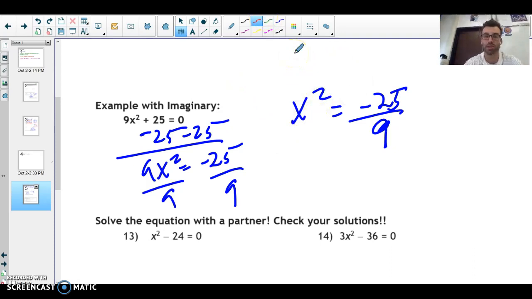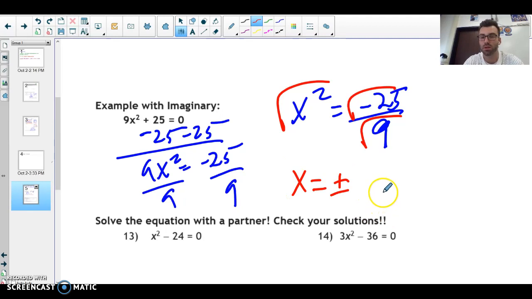Next step, we isolated our square term. Next thing we want to do is take the square root. So x equals plus or minus. The square root of 25 is 5. The square root of 9 is 3. The square root of this negative 1 gives me i.